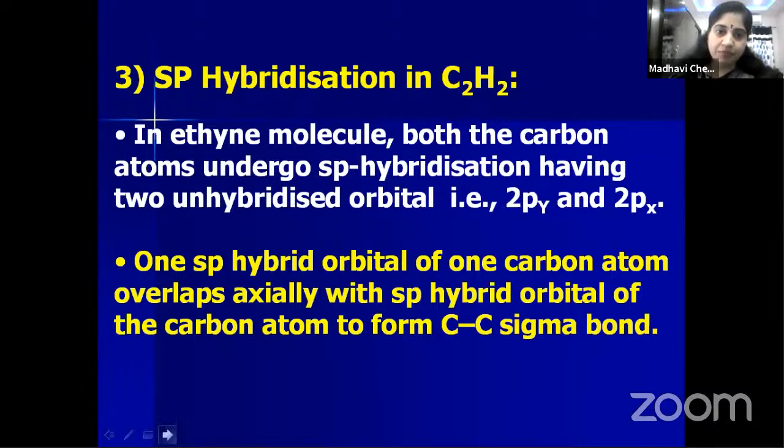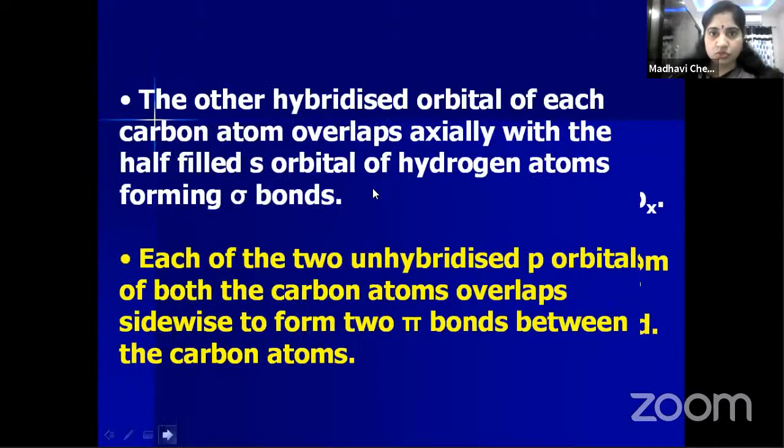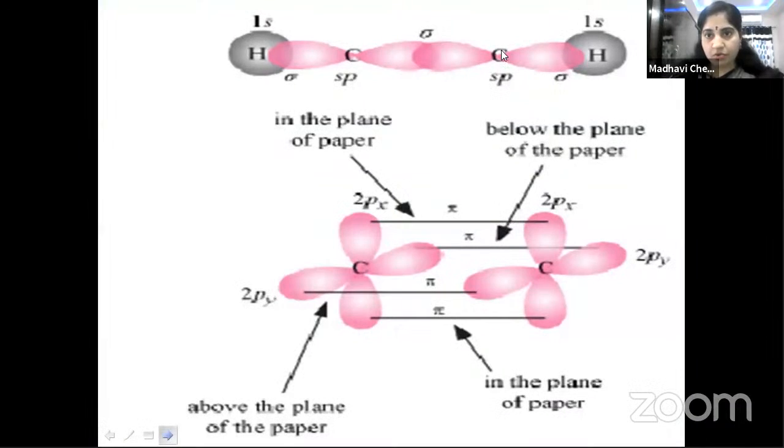Let us see here. You can see, children, each carbon undergoes sp hybridization and forms two sp hybrid orbitals. These are the two sp hybrid orbitals, children. Each sp hybrid orbital of each carbon overlaps with the sp hybrid orbital of the other carbon and forms the CC sigma bond.